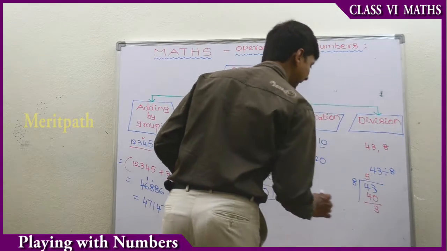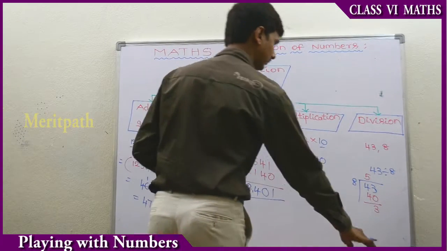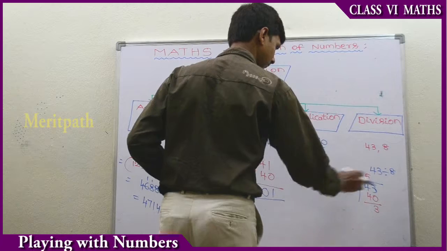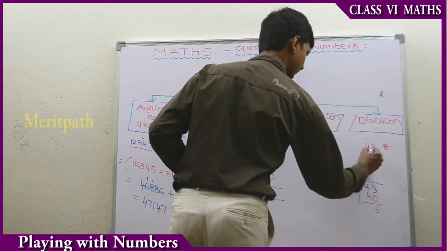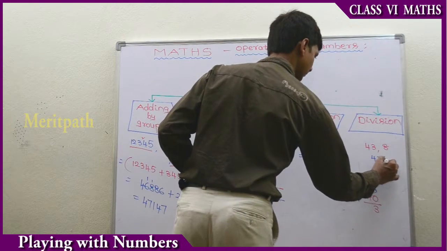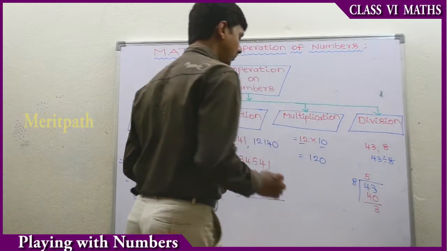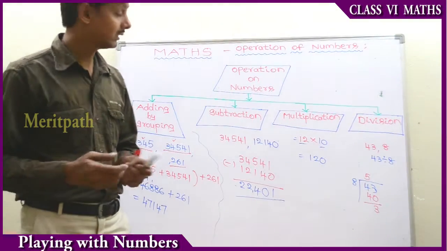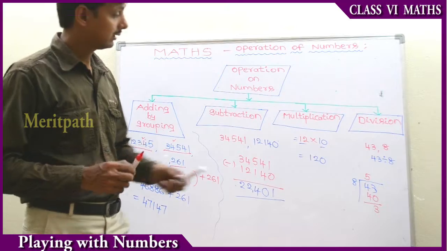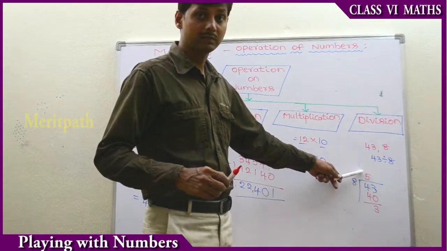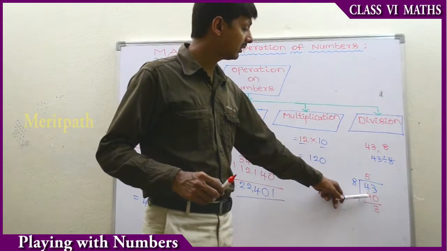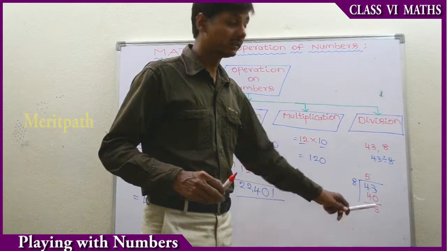Then we get 3 as a remainder. Now we cannot divide further. Observe that 8 is cancelled 5 times, we got 40 here, and we got the remainder 3.